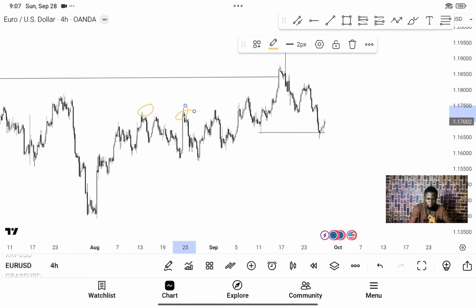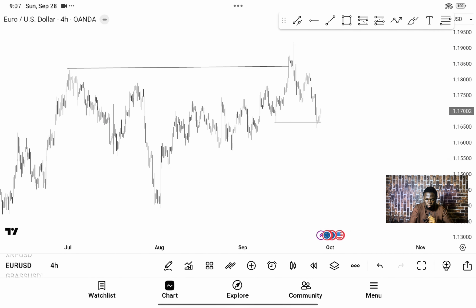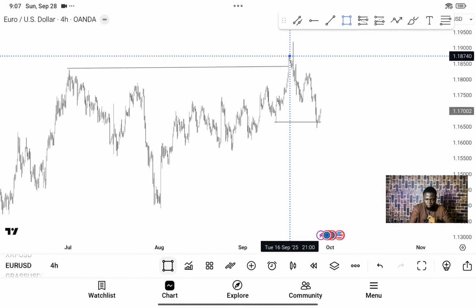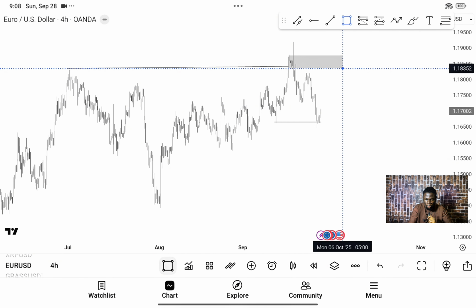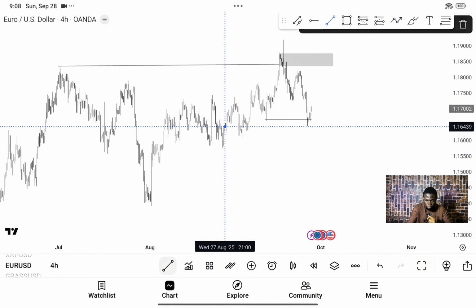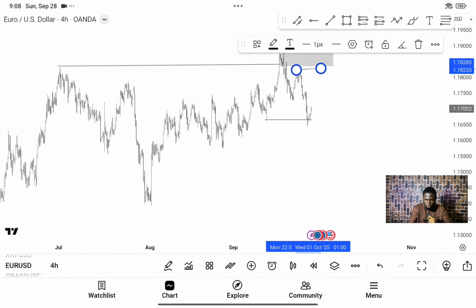Hold on, let me delete this chart. It's something like this. I have this as my order block, and this as my internal inducement, my liquidity.